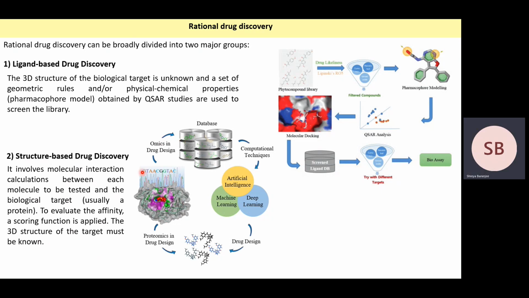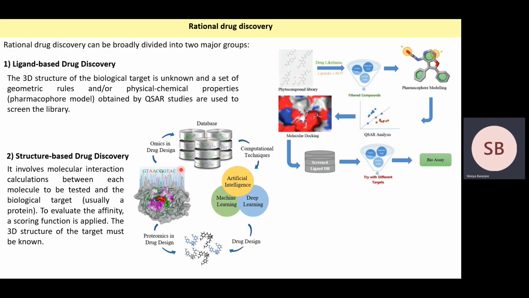So as you can see, it starts with the molecular interaction between, here you can see, a protein and the highlighted portion is the ligand. Using this, there is software which will predict the binding affinity.